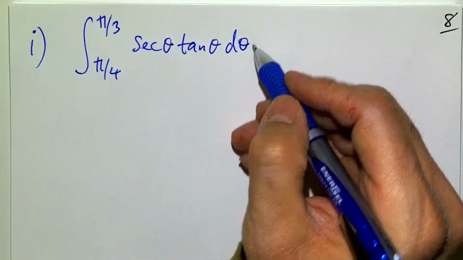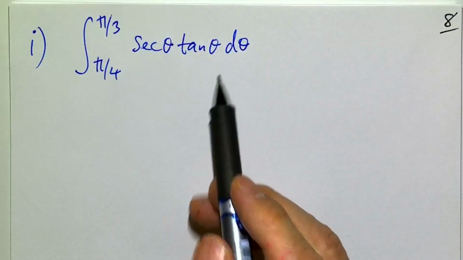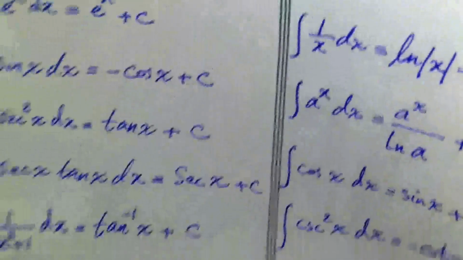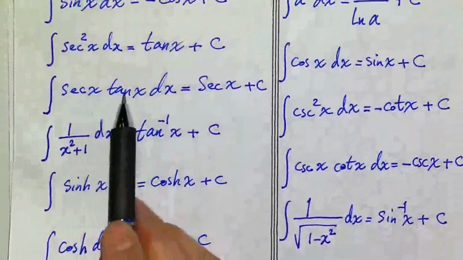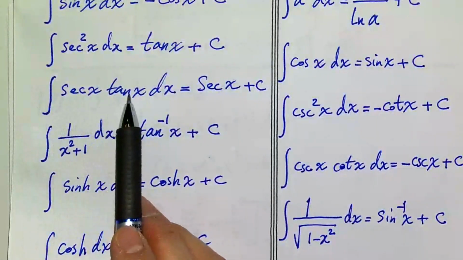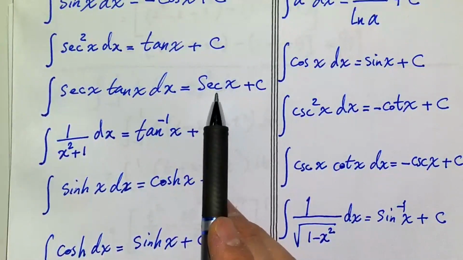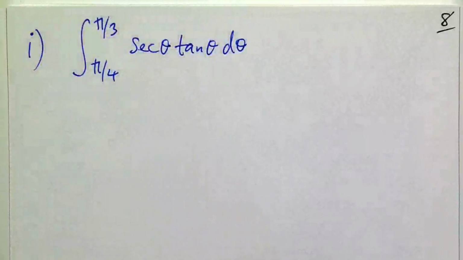That also looks very familiar, right? So the integral of secant x times tangent x dx is secant x. Very easy, right? So that's what we're going to do.